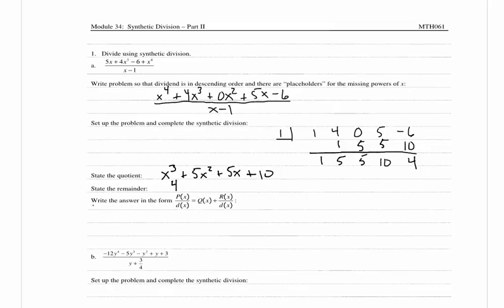And now they want us to write the answer in the form of our dividend divided by our divisor, and that equal to our quotient plus our remainder divided by our divisor.